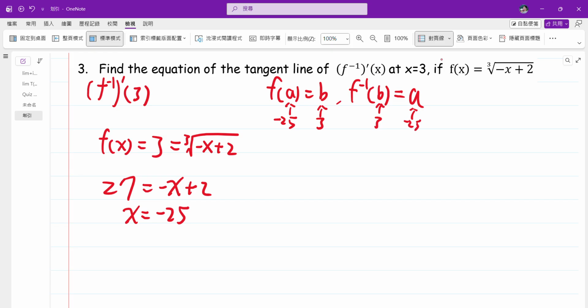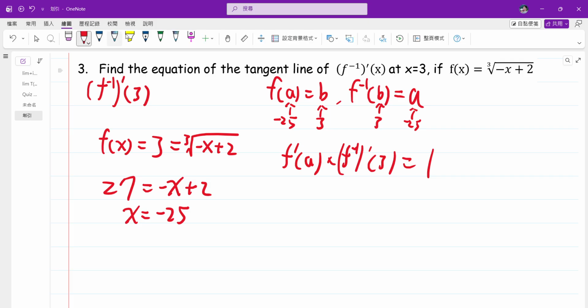And then if this exists, this times this equals 1. And we are looking for the value of this. Now we only need to find the value of this, and then we know the value of this.